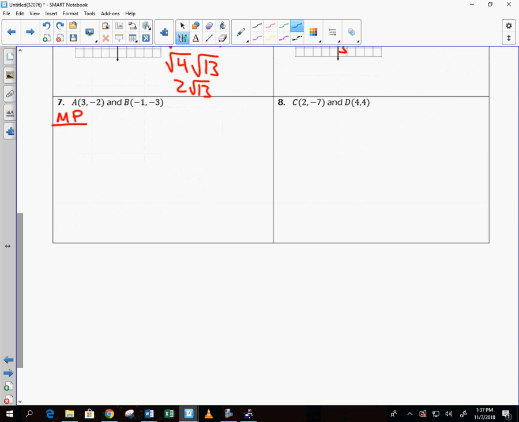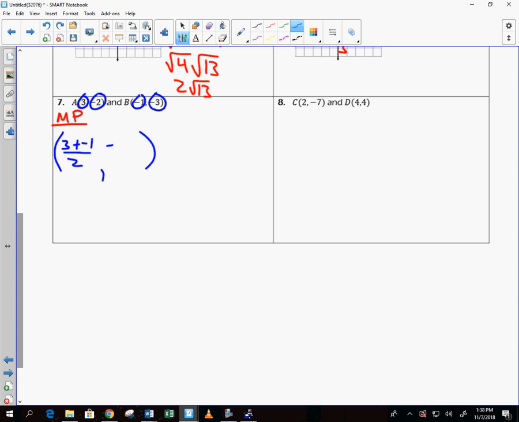How do I do it? What are my x values? I take 3 and -1, and I add them together and divide by 2. My y values are -2 and -3.